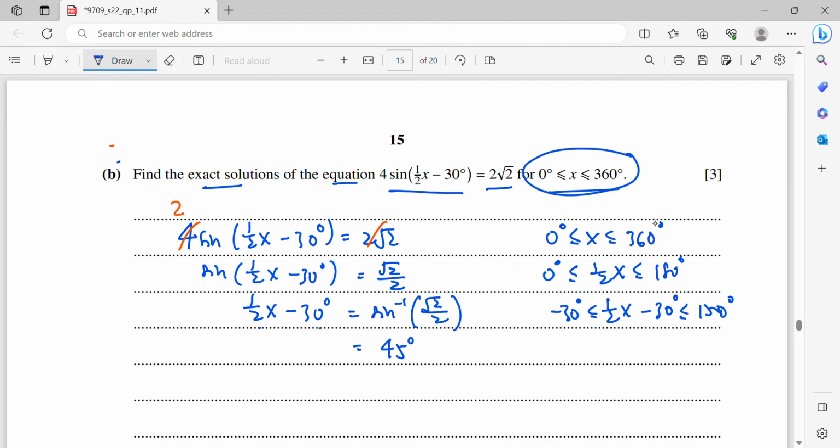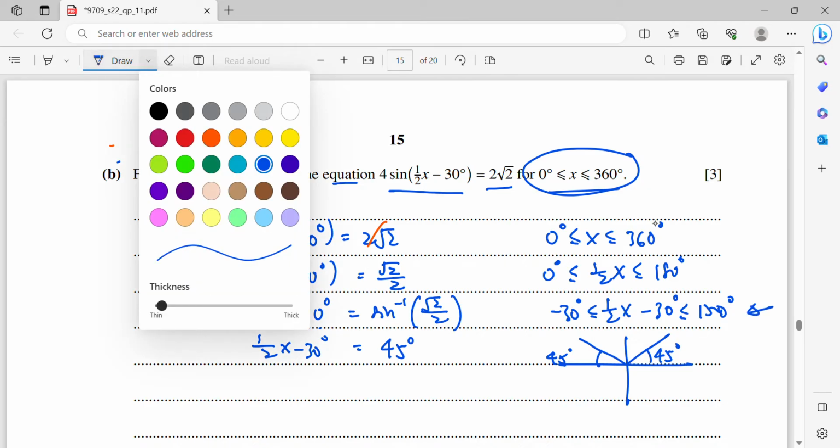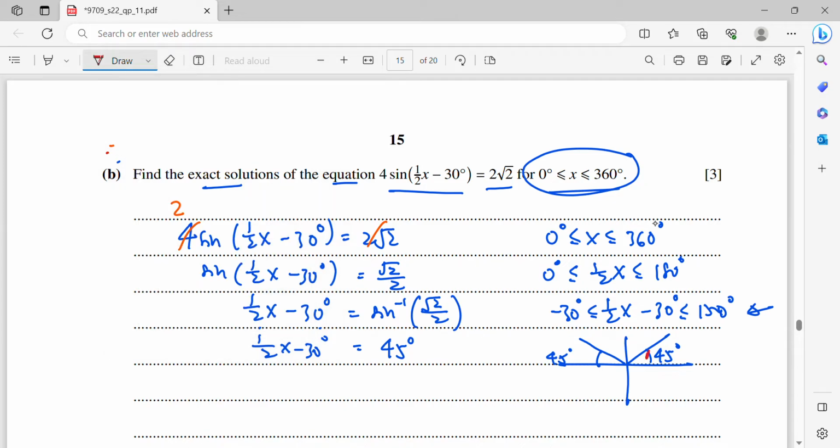Alright, so now I will get half x minus 30 degrees. Firstly, inverse sine square root 2 over 2 is 45 degrees. So now I will sketch a quadrant. So sine is positive, means first and second quadrant. And I know that these two are 45 degrees. Okay, so by looking at this interval, my first angle is going to be 45.